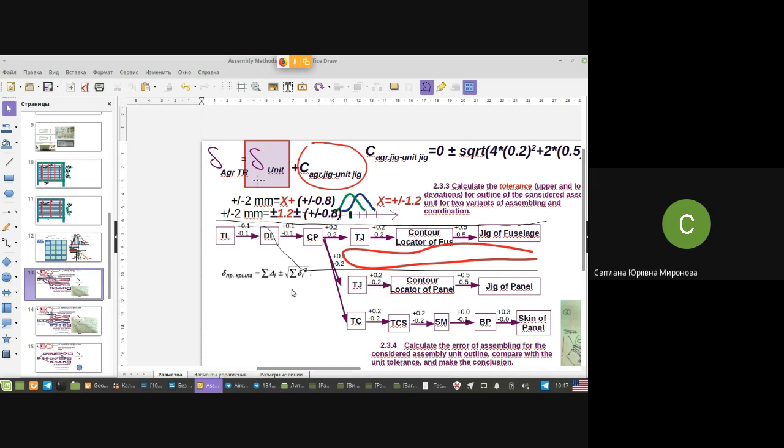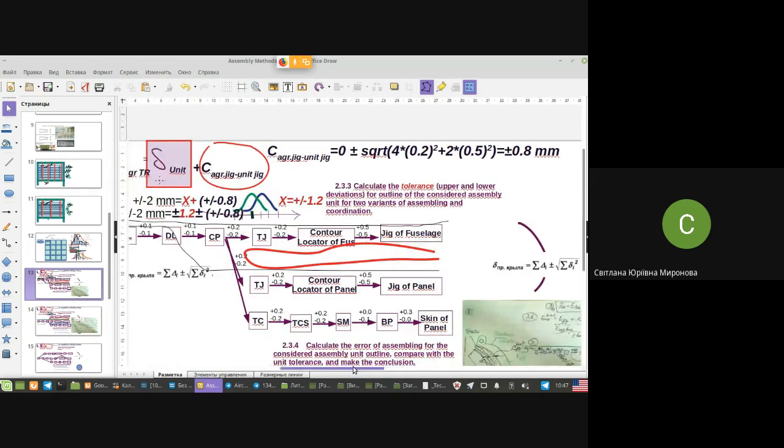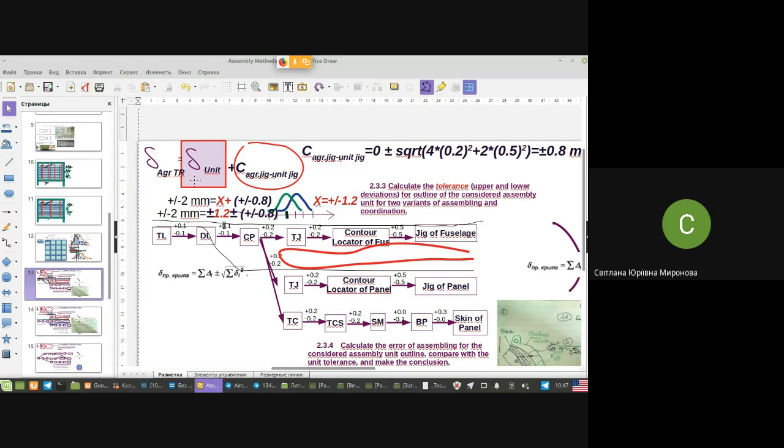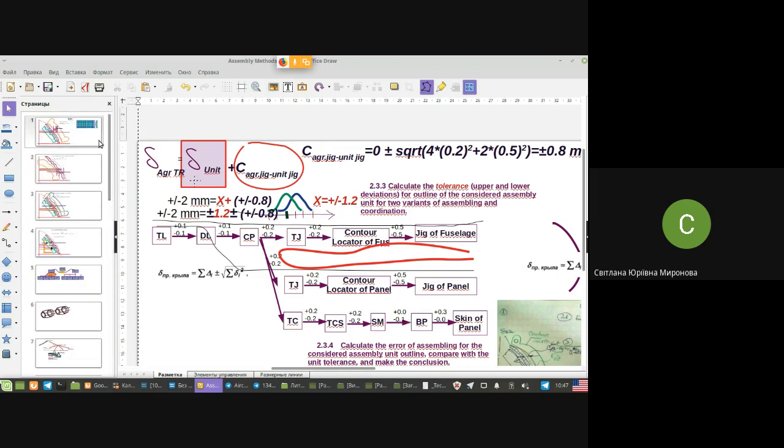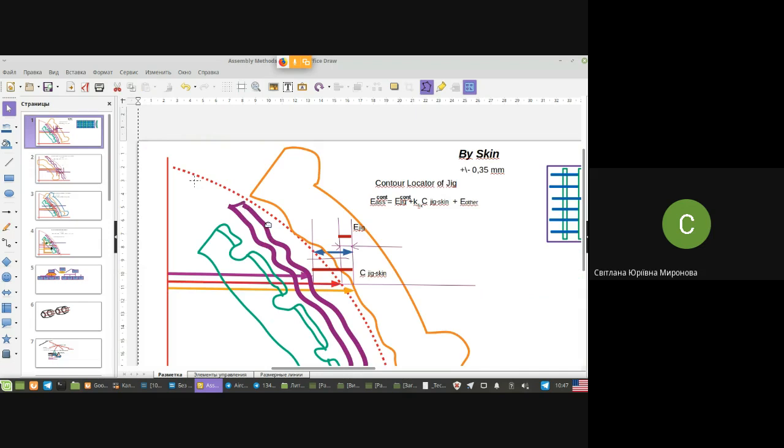Pay attention here, once again. We have created the chains which correspond to history of jig manufacturing, history of part manufacturing. Which part? What now is important, which part? The part which should be in touch with contour locator of jig. In case of this panel, it's a skin. In case we are talking about the rib or spar, it will be another part with another name.